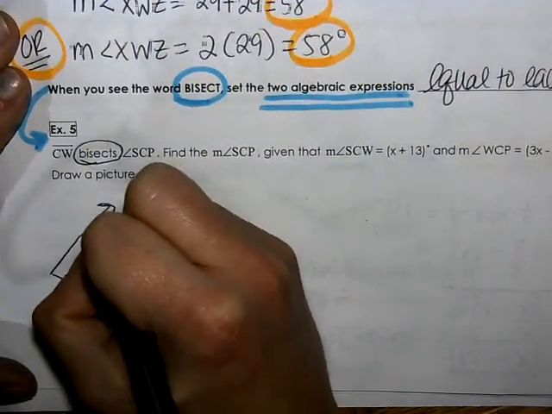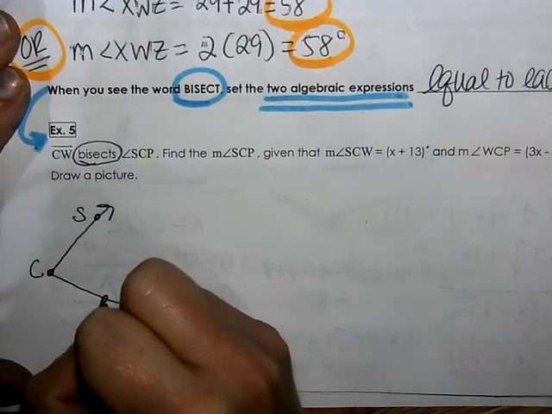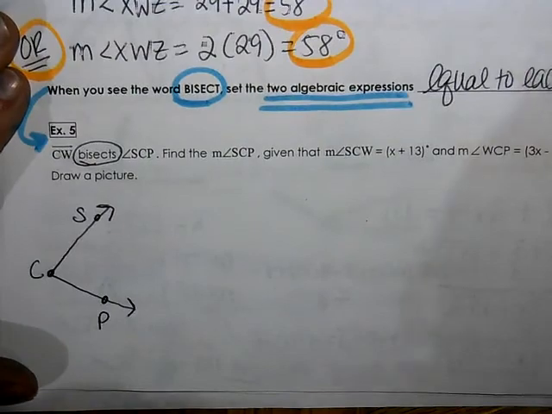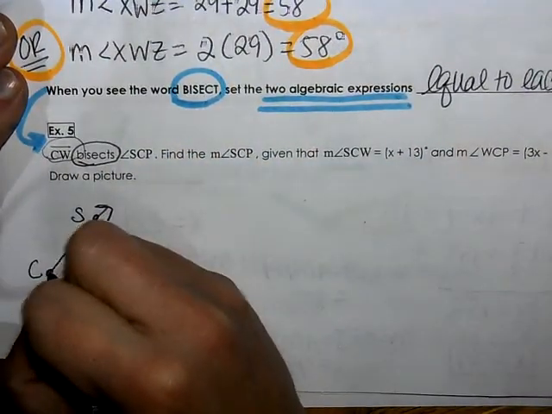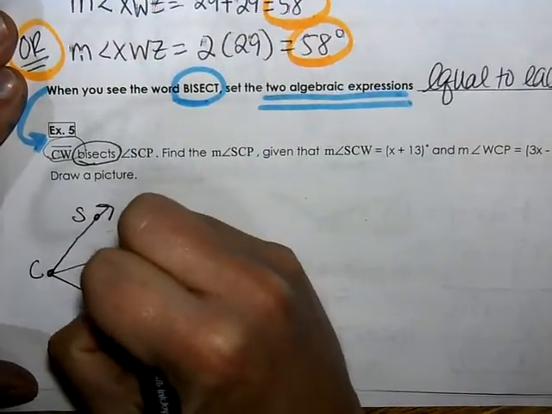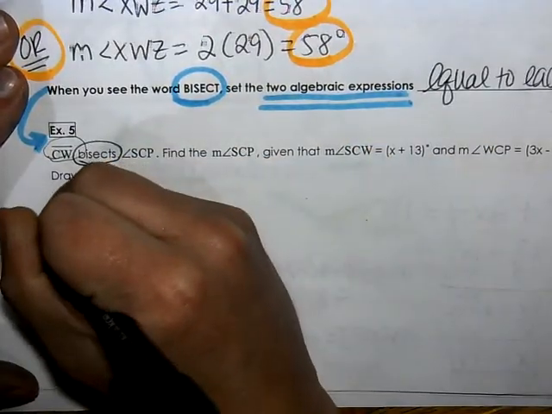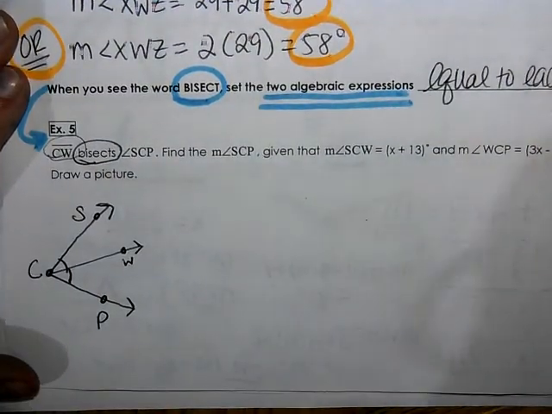And here is SCP. I'm told that CW bisects it, so I'm going to try the very best that I can to draw CW bisecting, which means that each side is going to be congruent.